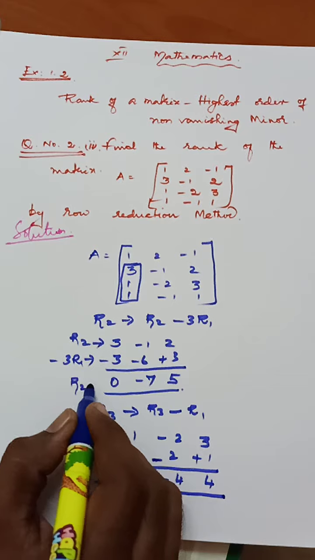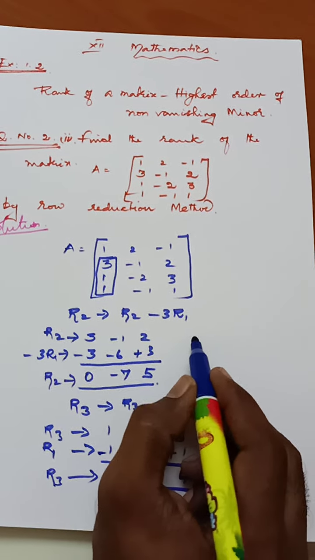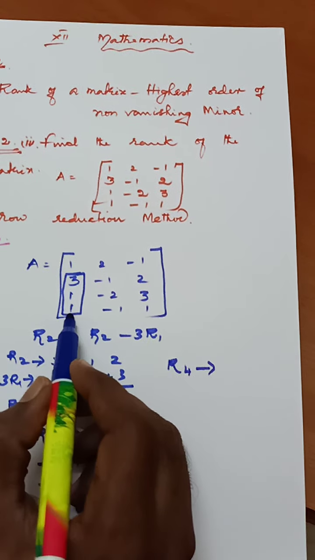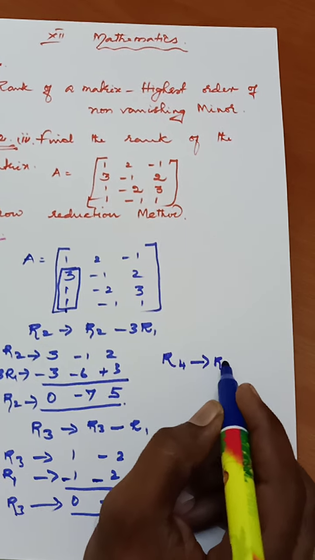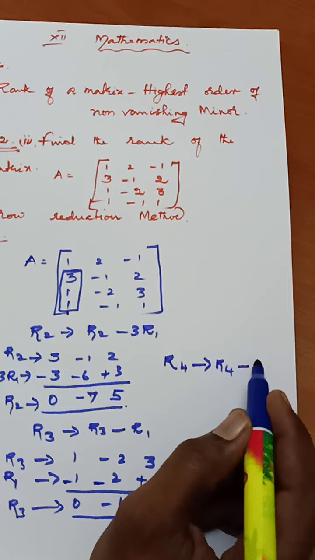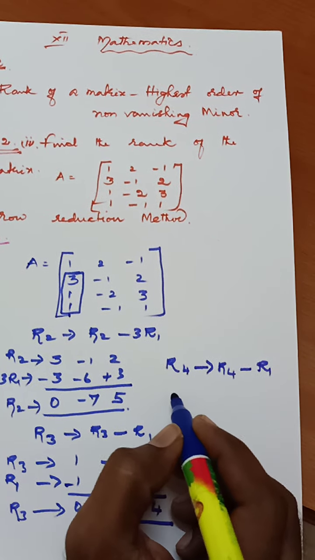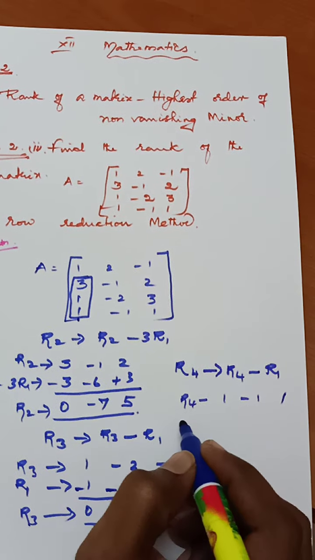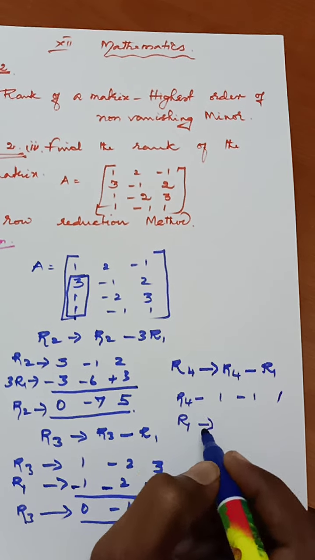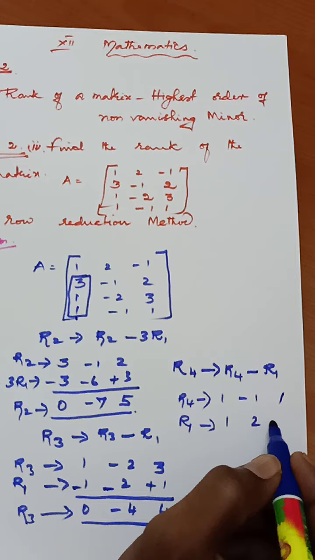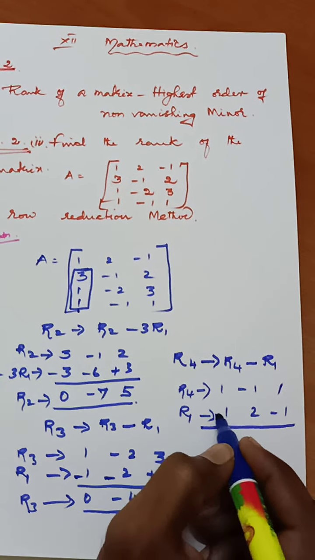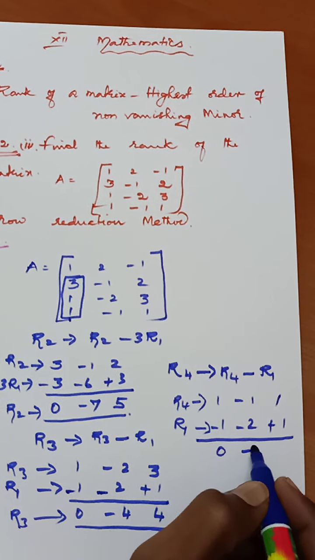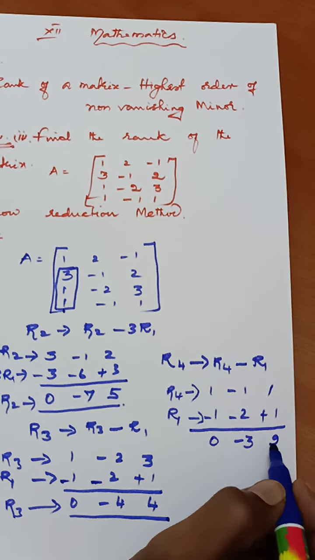And R4 tends to R4 minus R1, because here you have 1. Your row 4 is 1, minus 1, 1, and your R1 is 1, 2, minus 1. Again subtraction, minus plus: 1 minus 1 is 0, minus 1 minus 2 is minus 3, 1 plus 1 is 2.